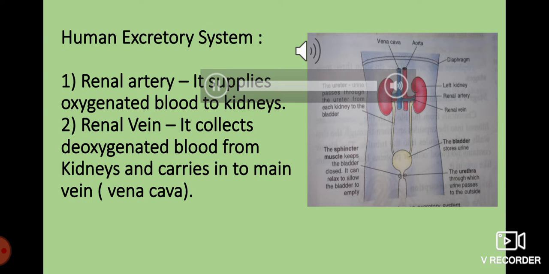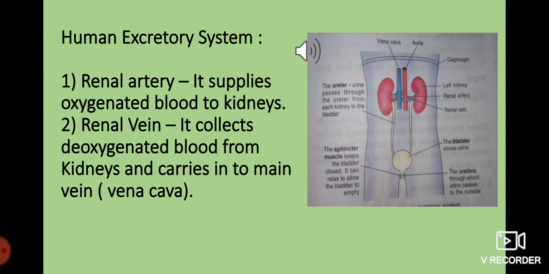You already have a concept of artery and vein, so I am not explaining it. Wherever the word kidney comes in, the vessels associated with the kidney are known as renal artery or vein, the renal vessels.